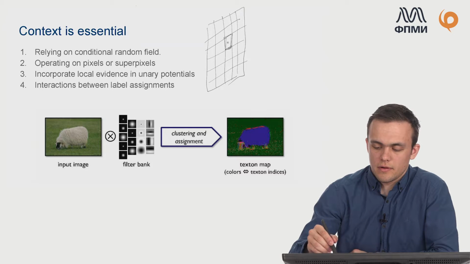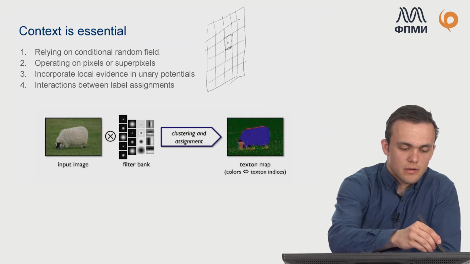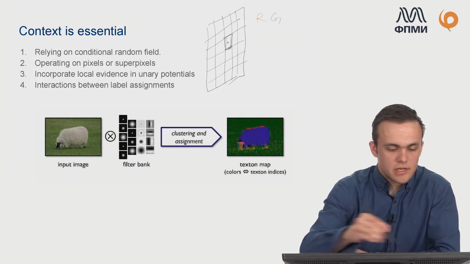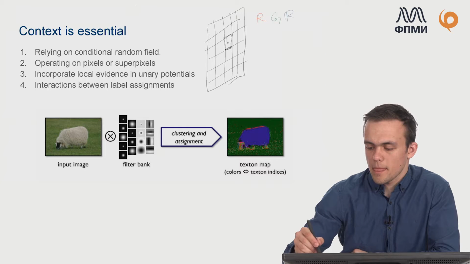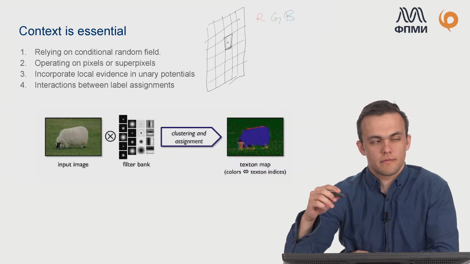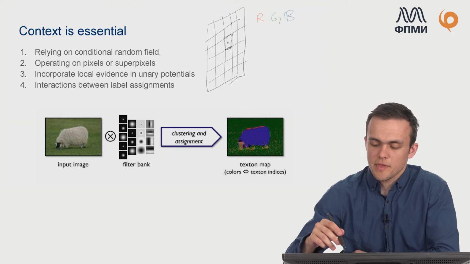We have three values for this pixel: R, G, and B. These are three numbers from 1 to 256.